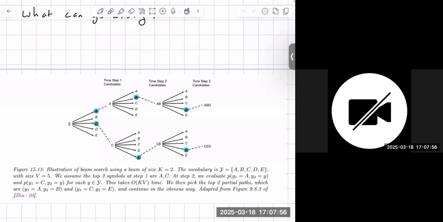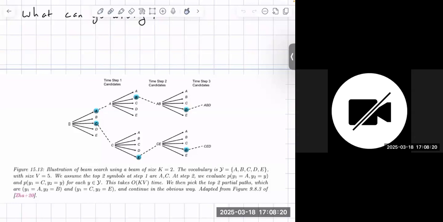At every step, look at the top 10, top 100, top 1,000, whatever you allowed. This is much smaller than the entire vocabulary. Then you keep going that way. You optimize over this tree, basically. That's called beam search. Any questions about this one?